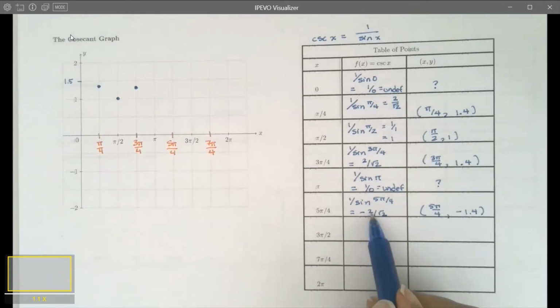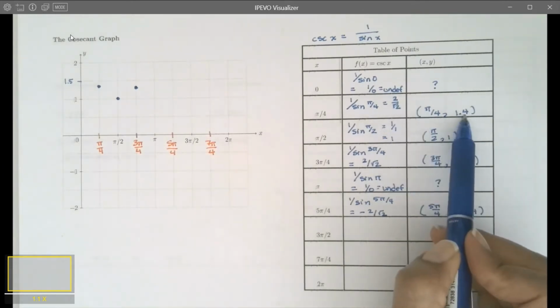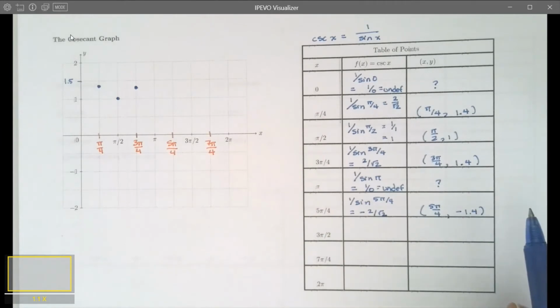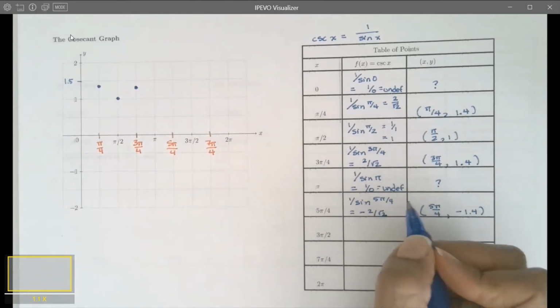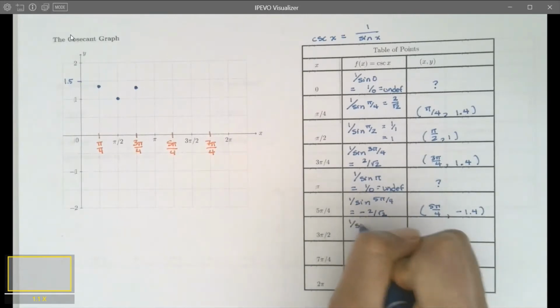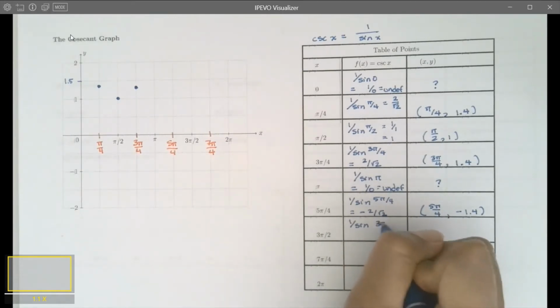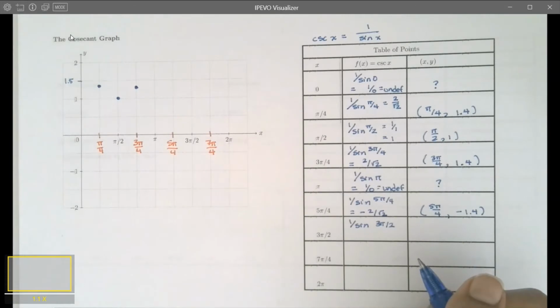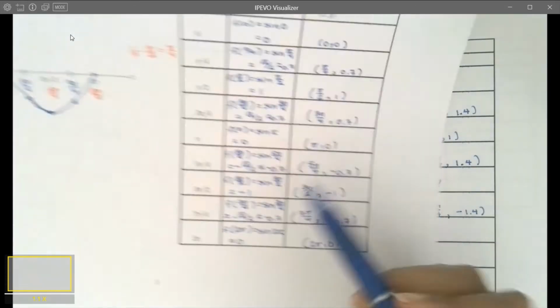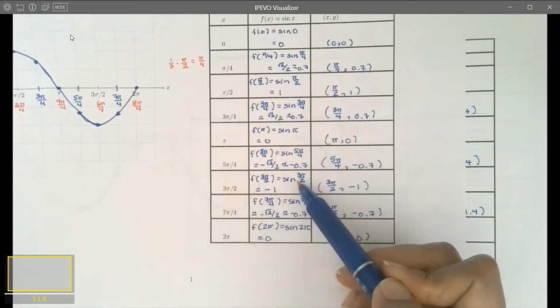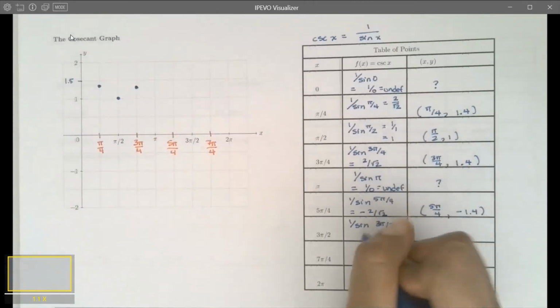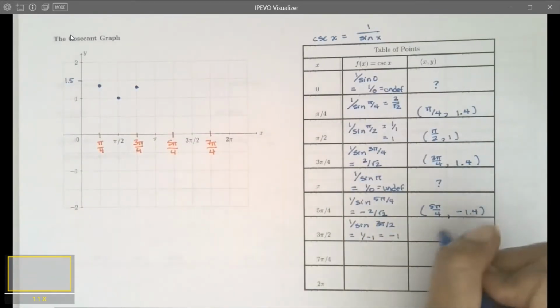Because 2 over radical 2 was 1.4, and if we have a negative, well then we just prepend it with the negative. At 3 pi over 2, sine of 3 pi over 2 was negative 1. So that means that this will be 1 over negative 1, which is negative 1.